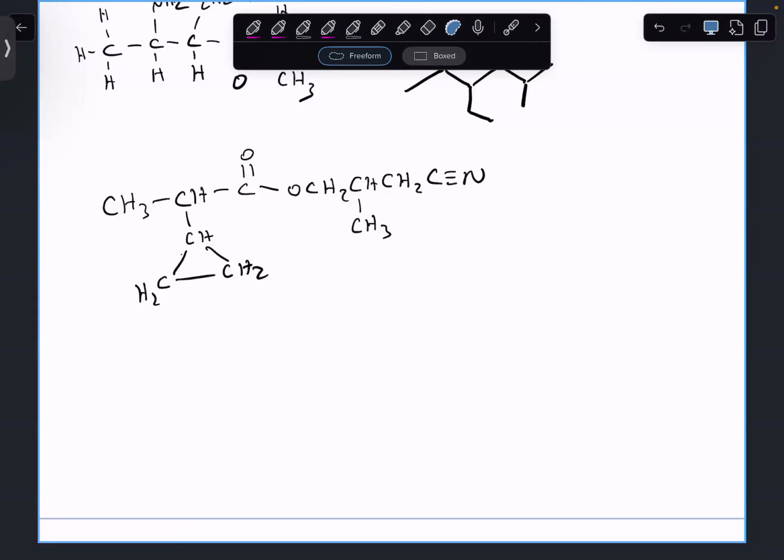The slight difference in this one is, notice you have an oxygen embedded in the main or parent chain here. You have to show that. So we're going to have a zigzag line and then an oxygen and then the rest of the zigzag line.